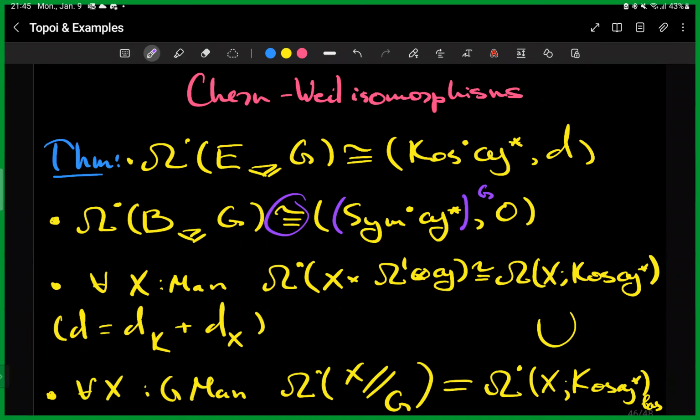That's basically the idea of Chern-Weil theory, of the Chern-Weil isomorphism.